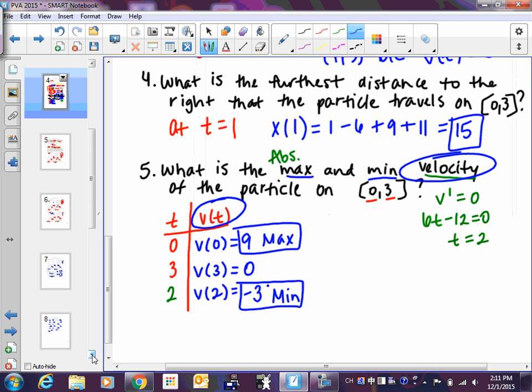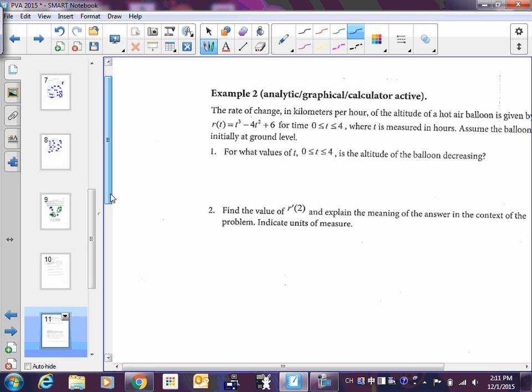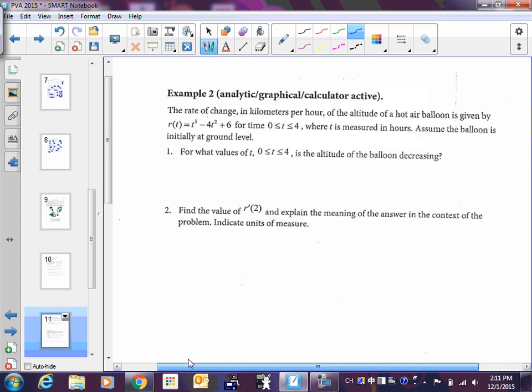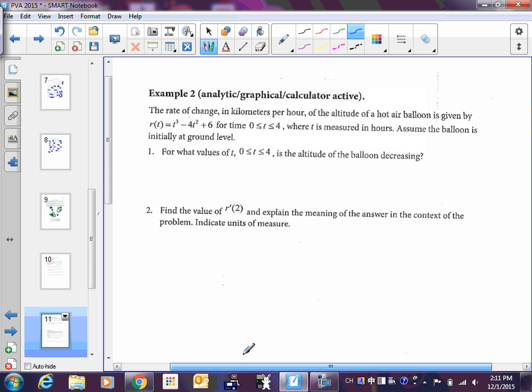Okay, I want to do one more example. Keep your calculators handy. I want you to skip all the way to page 11, because on your worksheet there are some calculator problems, and we need to practice the calculator a little bit.